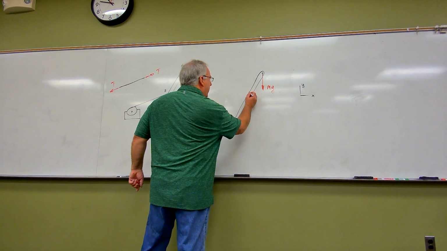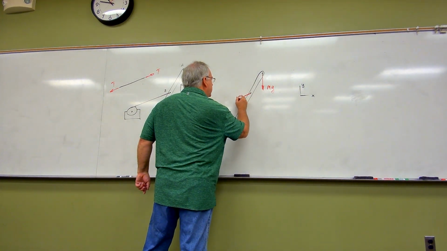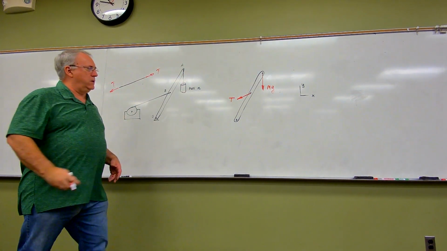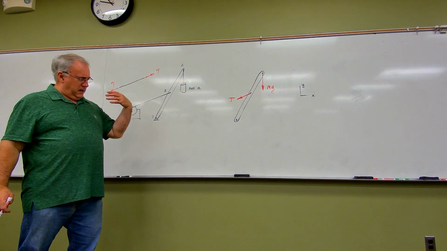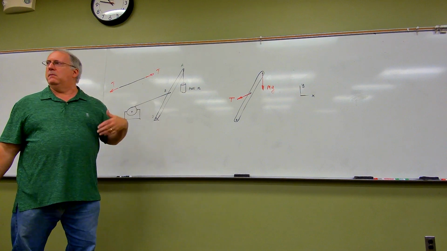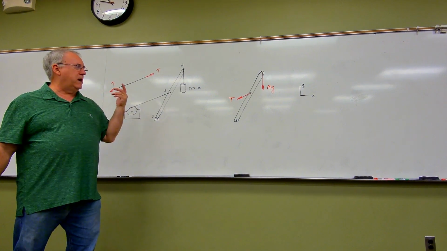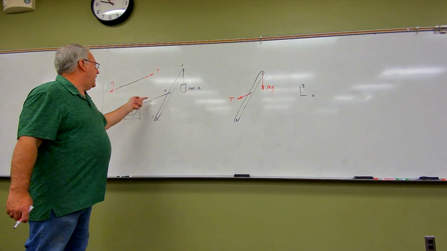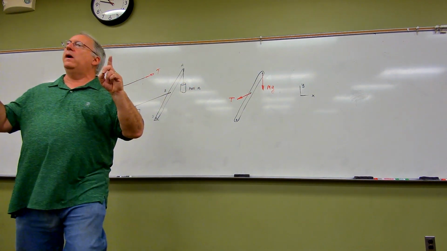So it's got to be going back the other way. And this reminds us that whenever we're drawing a force associated with a tension member, cable, belt, rope, whatever, that is always going to be an arrow along the line of action of that cable pointing away from the object.